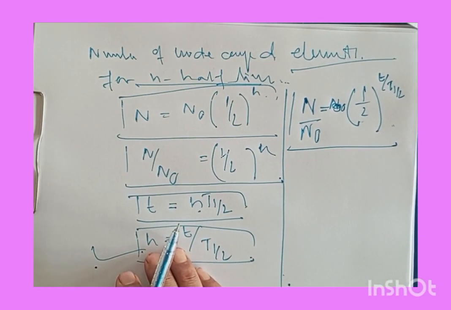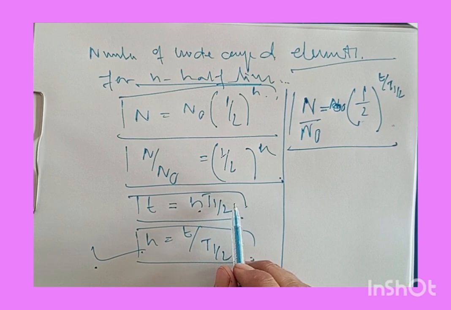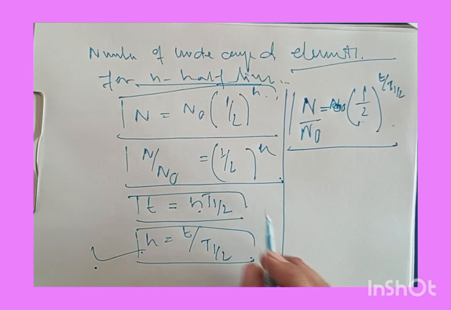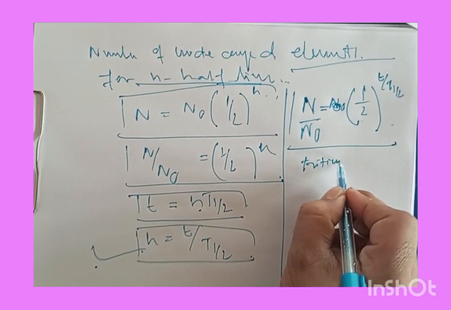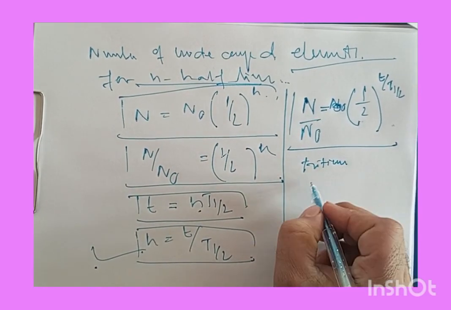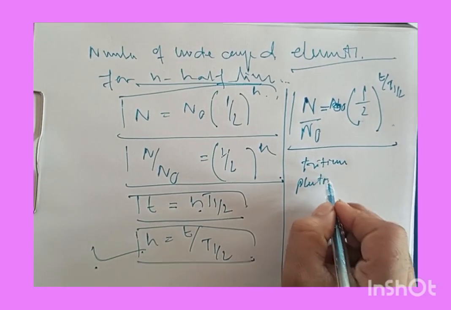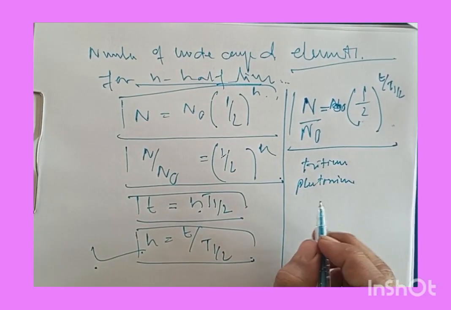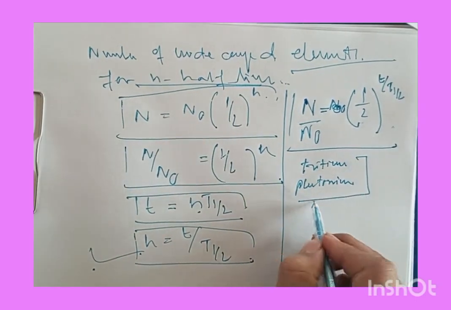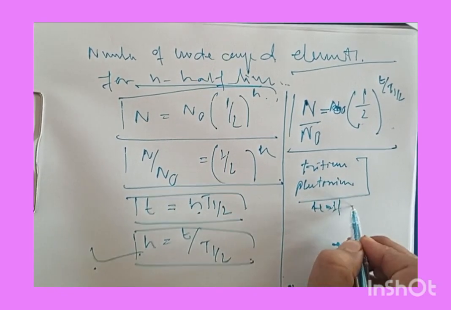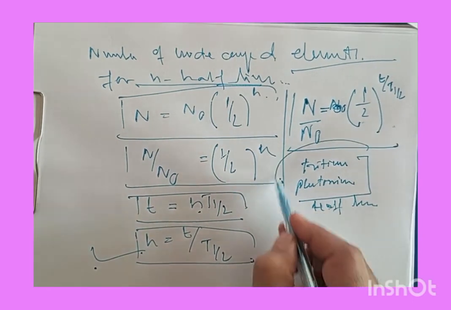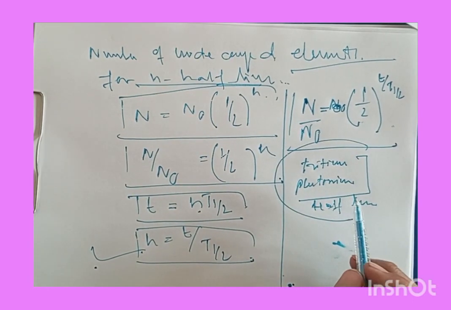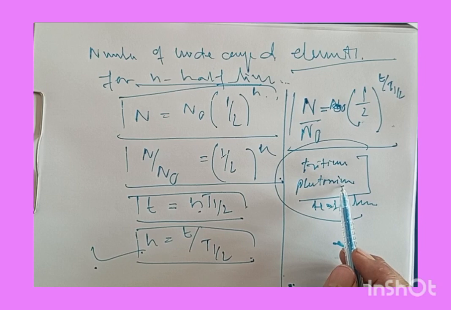Now, what is so interesting here is that we have some radioactive elements known as tritium and plutonium. They have very small half-lives, and these elements have decayed long ago, and hence these elements no longer exist in nature.